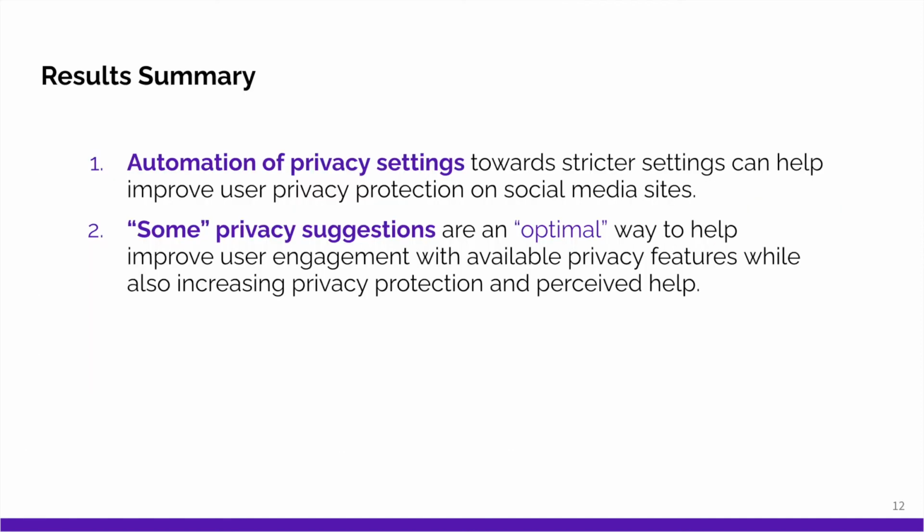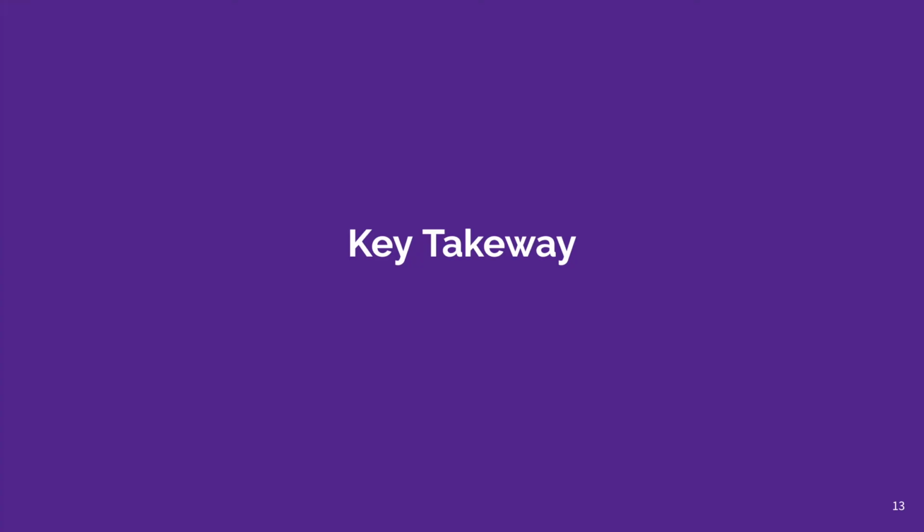And the key takeaways were mainly two. Number one, automation of privacy settings toward stricter settings can help improve user privacy protection on social media sites. And number two, some privacy suggestions are an optimal way to help improve user engagement with available privacy features while also increasing privacy protection and perceived help.